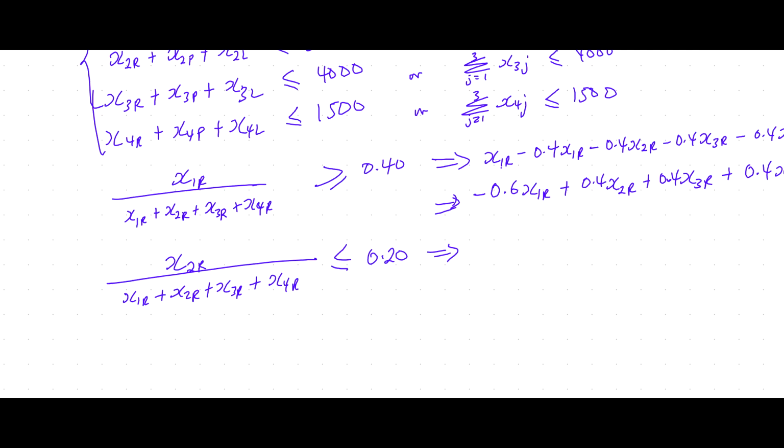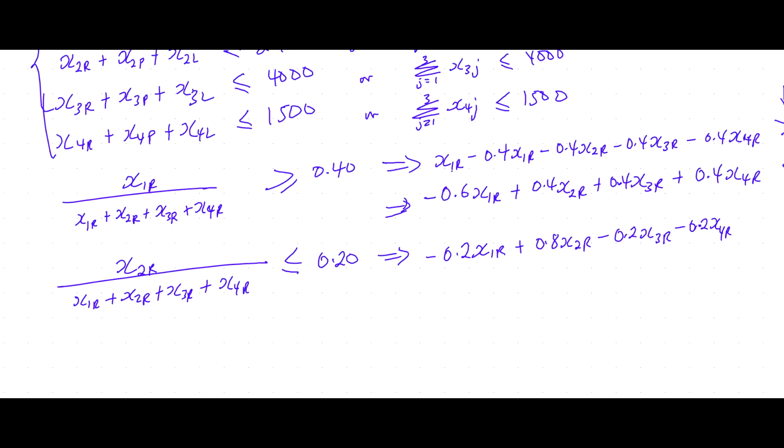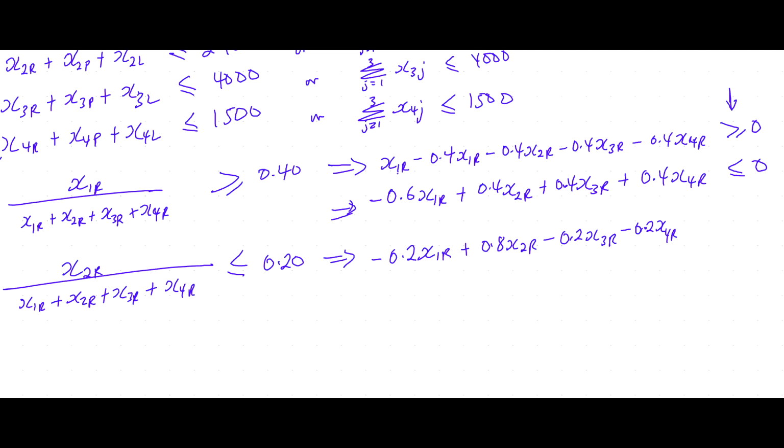So this goes to the left and it's 0.2 x1r plus 0.8 x2r minus 0.2 x3r, and then 0.2 x4r, and it should be less than or equal to 0.